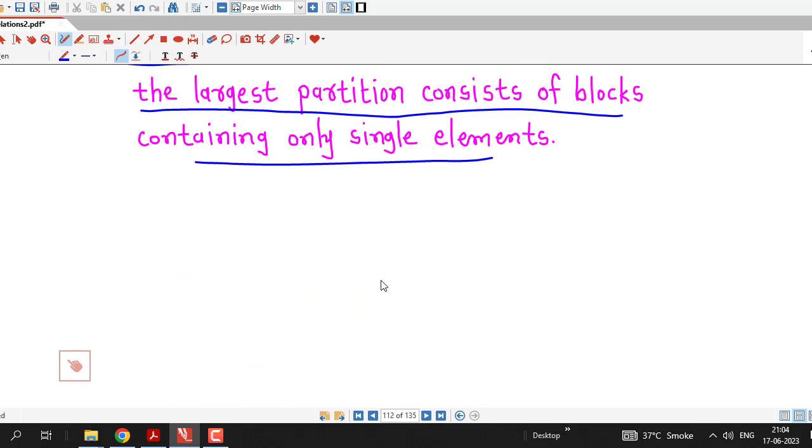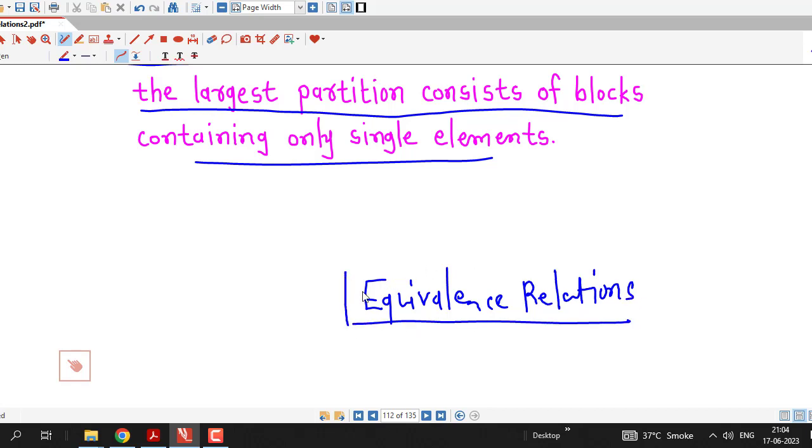So in this way we can check whether a given relation is an equivalence relation or not. You can take any of the relations you have studied in earlier lectures and check whether they are equivalence relations or not. For example, we have discussed the less than or equal to relation on the set of real numbers.